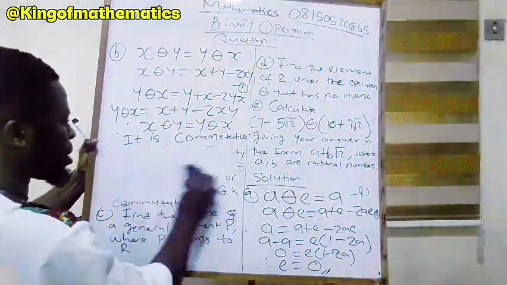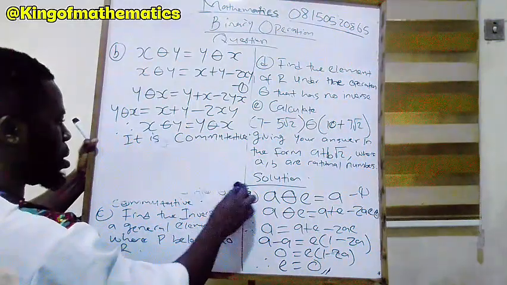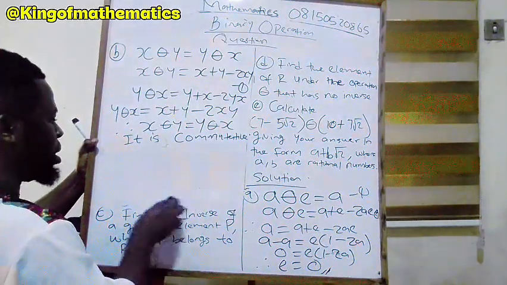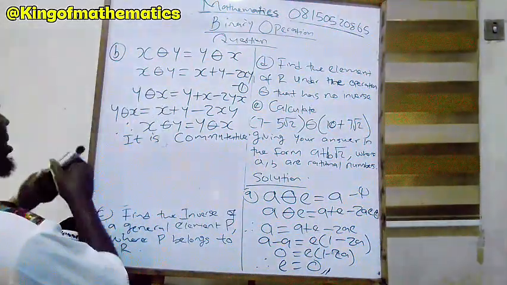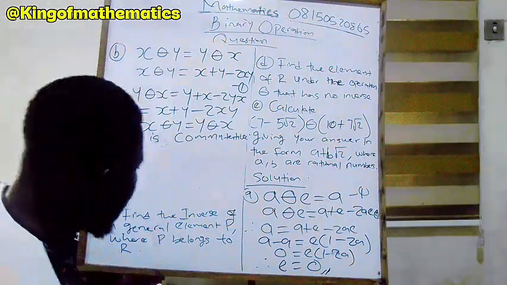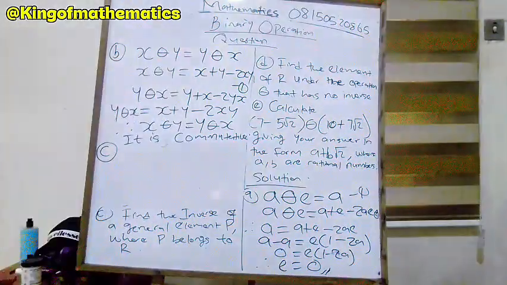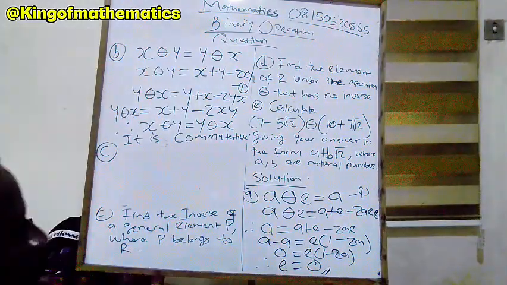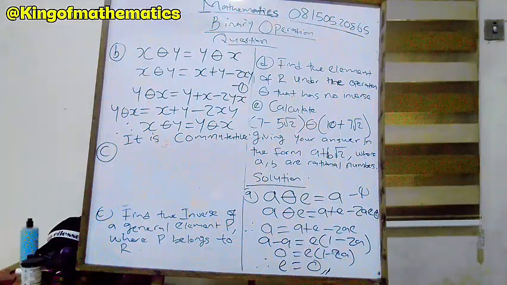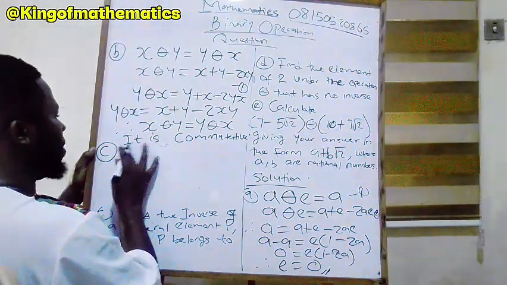That's the C part. So the C says that you should find the inverse. If you are going to find the inverse from your identity element, that's how you can get your inverse and the law of inverse.